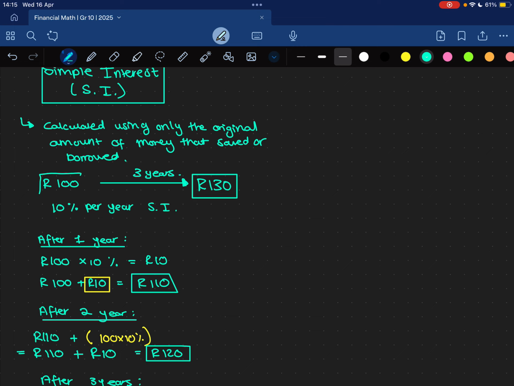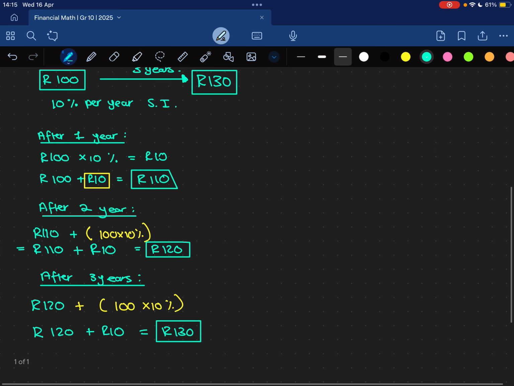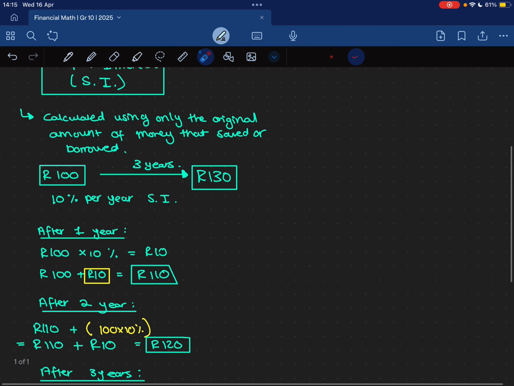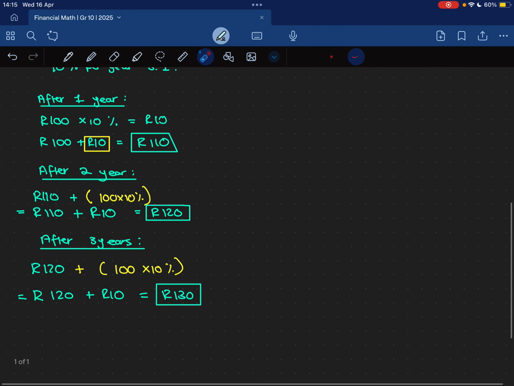Okay. So that's what it means when we talk about simple interest. Okay, we talk about money that's going to grow per year at a certain percentage. Now, if it is simple interest, it means that the interest is calculated using the original amount of money only. So we can see that the interest amount, the 10 Rand, stays the same every year.